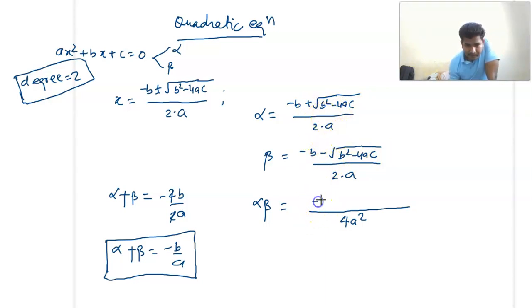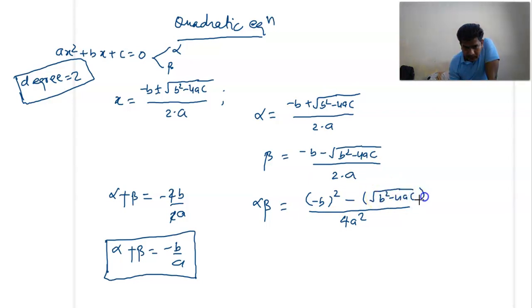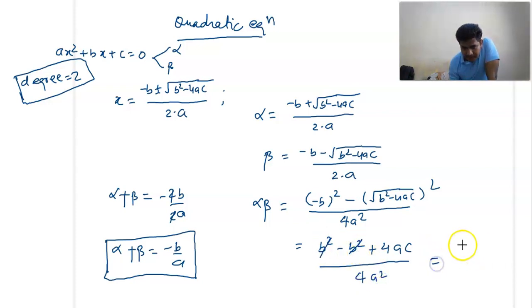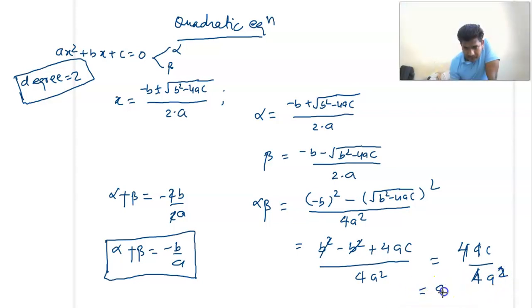So we can write it as b square minus the square of under root of b square minus 4ac, so it will be b square minus b square plus 4ac upon 4a square. So here it will cancel out, and it is making 4ac upon 4a square. So 4 and 4 cancel out, and the power of a cancels out. So it will make c by a.